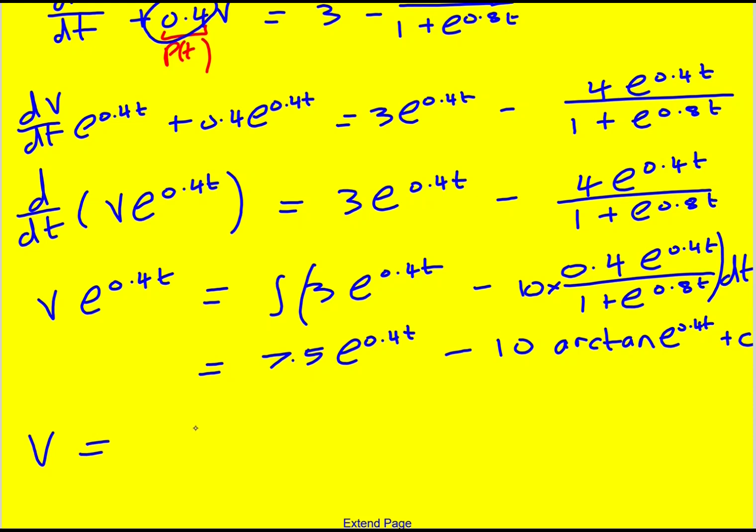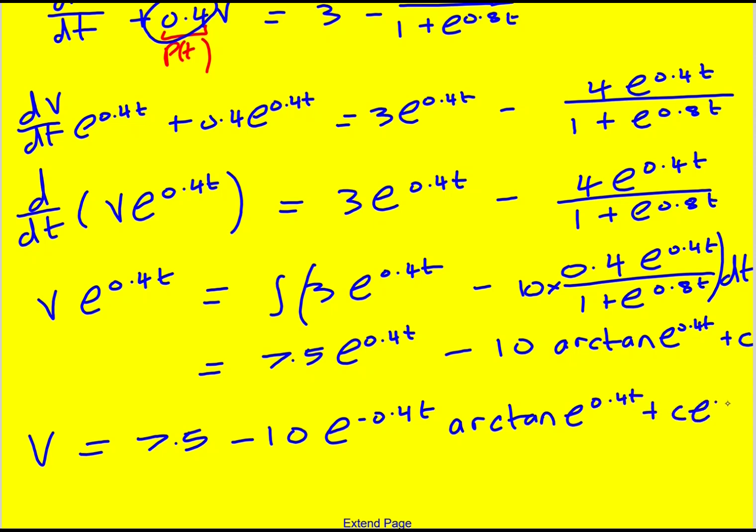Now we can write down that v is equal to 7.5, because I'm dividing through by e to the 0.4t, minus 10 arctan. Okay, I am dividing by e to the 0.4t, but it's equivalent to times by e to the minus 0.4t. So v equals 7.5 minus 10 arctan e to the 0.4t plus c times e to the minus 0.4t.